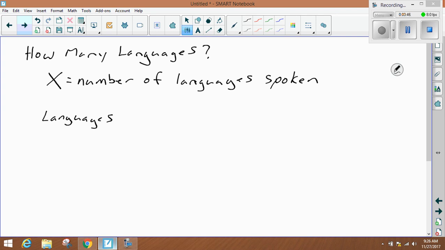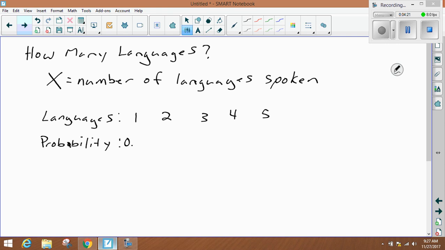Languages. We have the probability of each one, and this is based on a sample of students from the U.S. Census, school database.